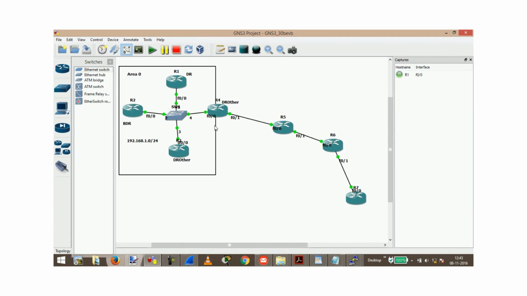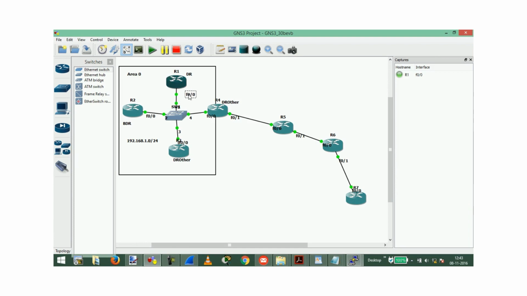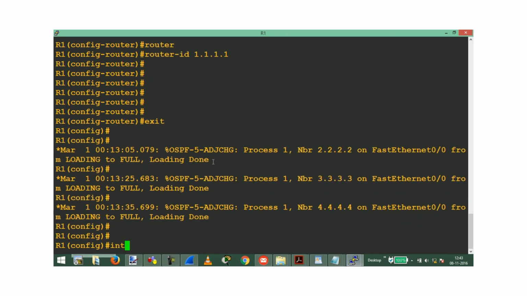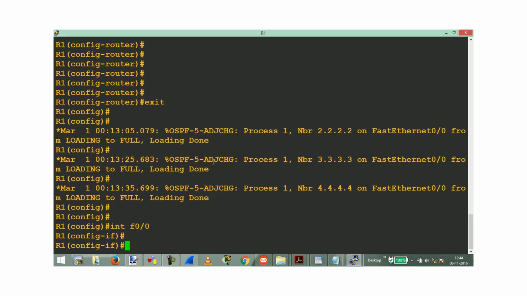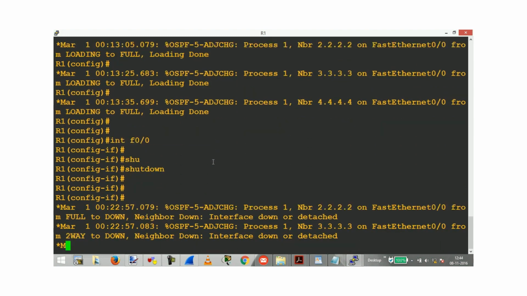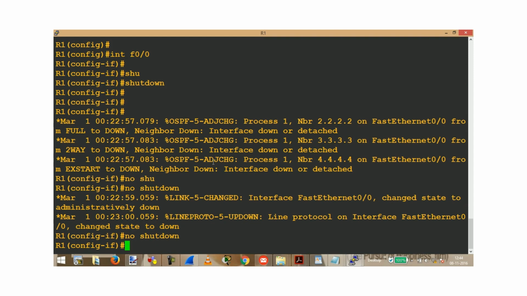When this is done, you can also see this thing at home. Do one thing: go to R1, you will do this lab, you will try to understand how things are occurring. You shut down the interface, and then again you no shut it, and you will be able to capture all the events that will occur, because we already have this Wireshark running.